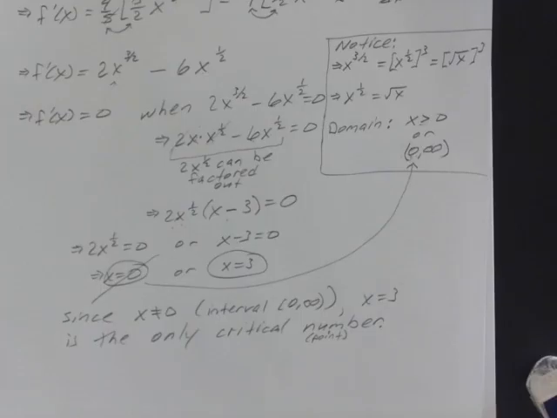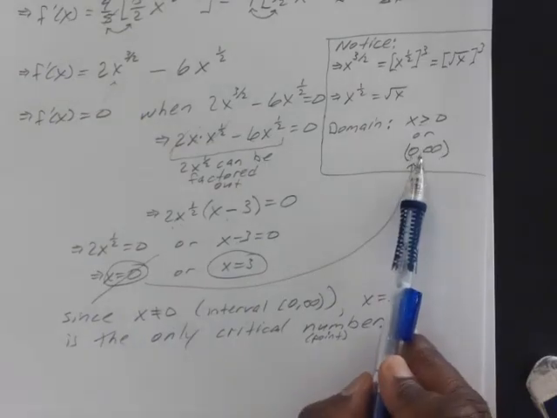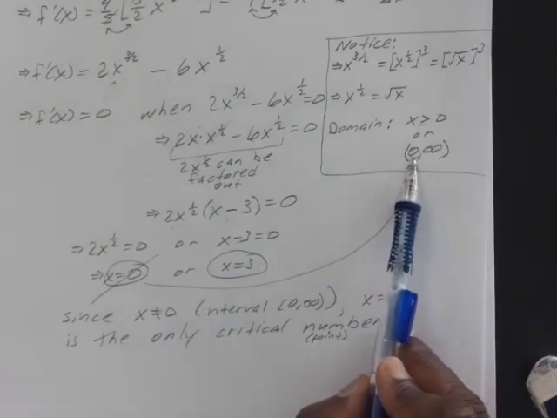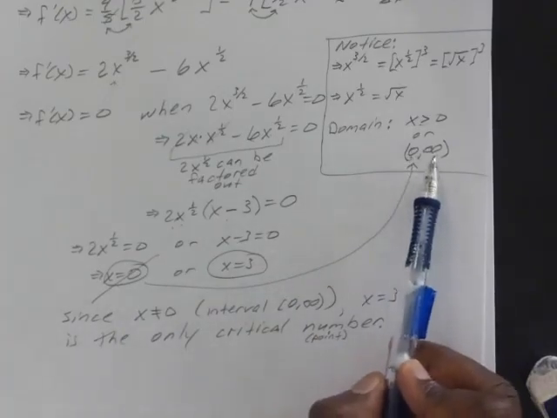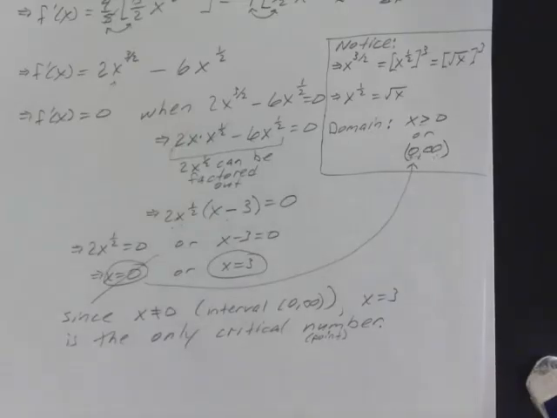Okay. So in a problem like this, you want to be careful. You want to figure out what your domain is. And once you figure out your domain, if one of the critical points happens to fall on the endpoints of the domain, you know you can't use it. This is one of the trickier ones they have. Most of them either fall in or out of the domain. But when they fall right on it, that one gets a little bit tricky.